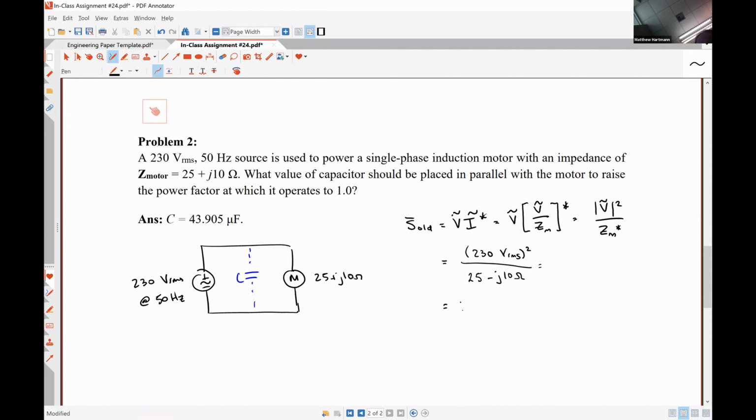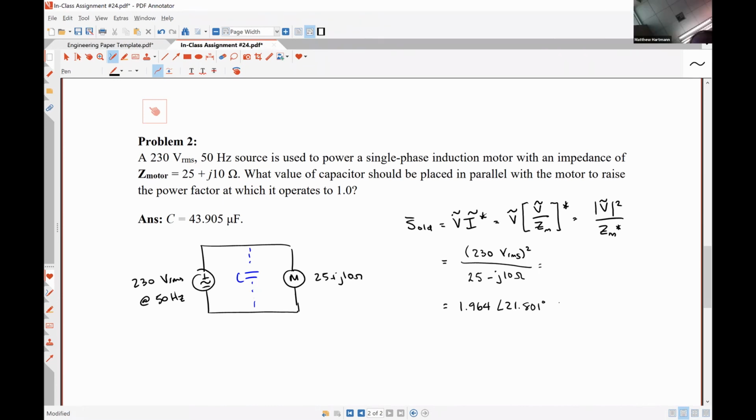Let's do it here. 1.964 angle 21.801 degrees.